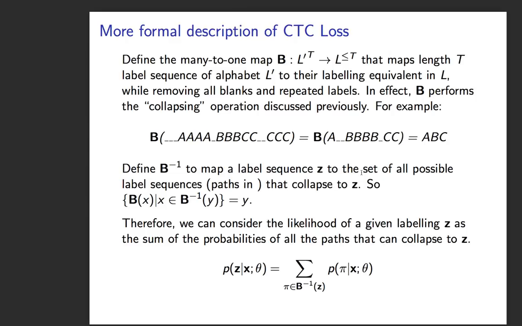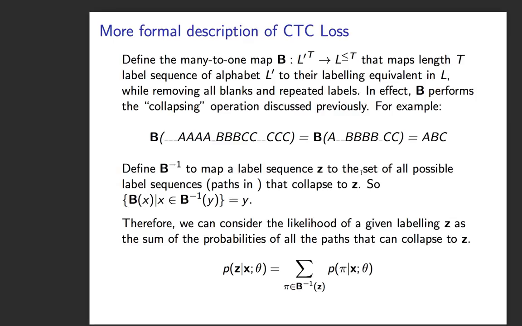So B is what we were calling the collapsing operation. The inverse of B is now one-to-many. Given a labeling z, B inverse of z is the set of all possible paths that collapse to z.